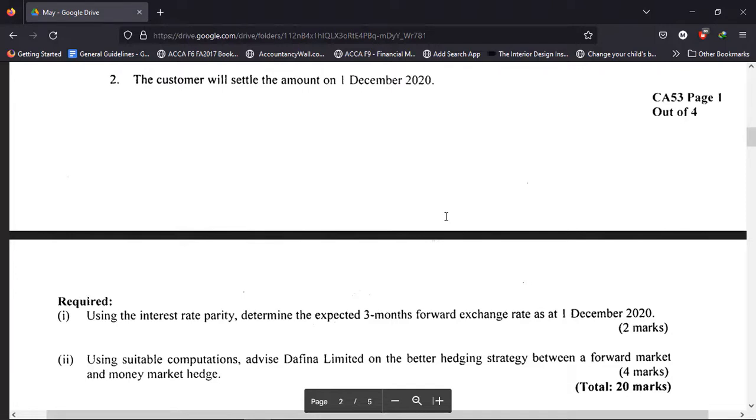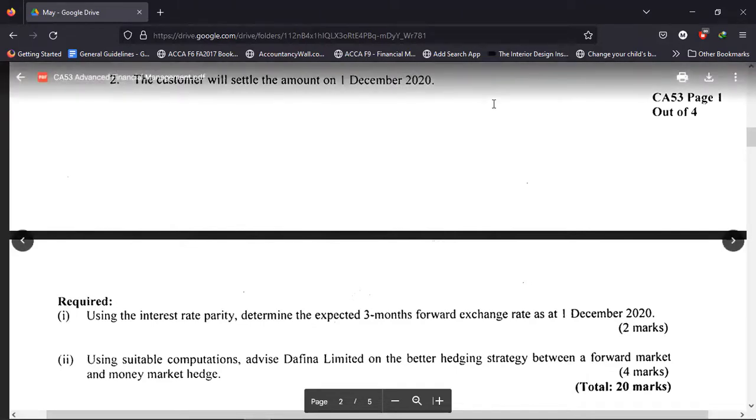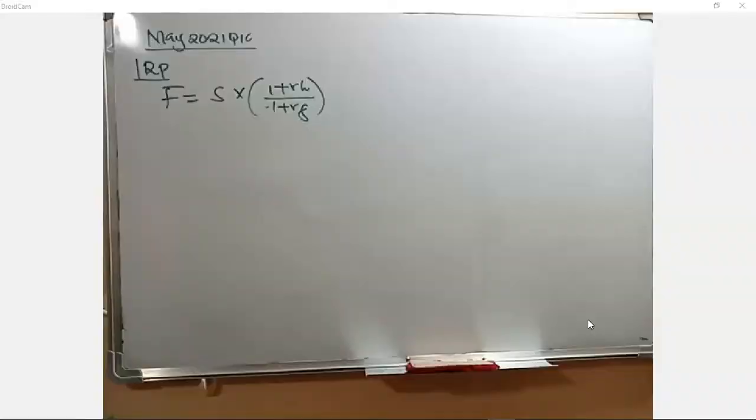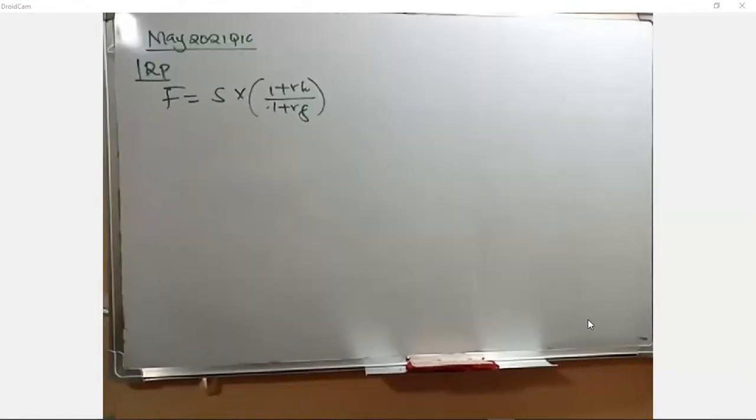Nobody is going to penalize you whether you write the whole name or you write in that form like mine. I don't know whether you are able to see my board. Good. So that is what I'm discussing. You can see the interest rates, so now you can write them.